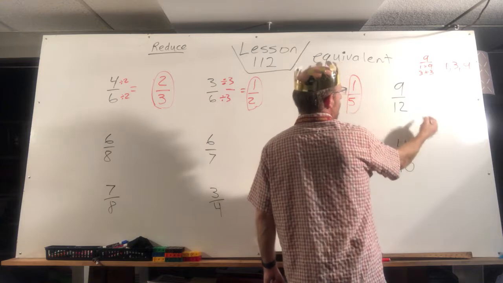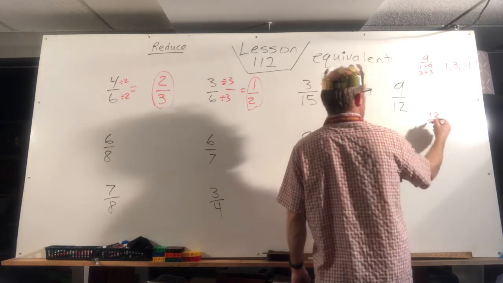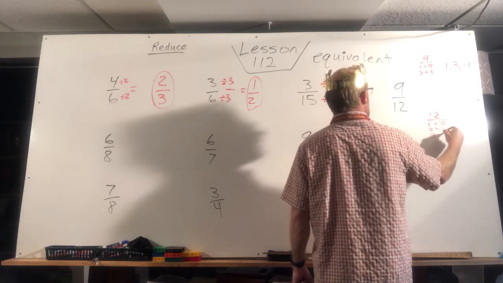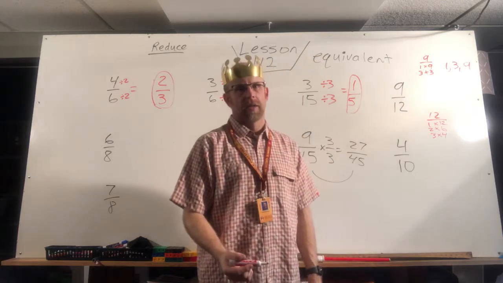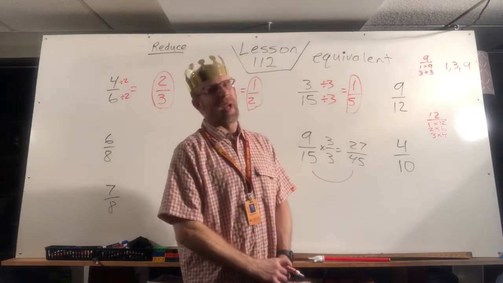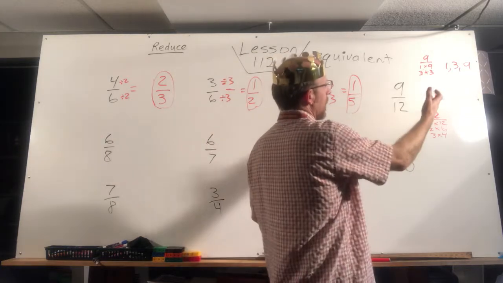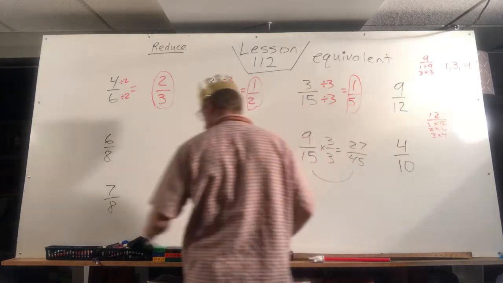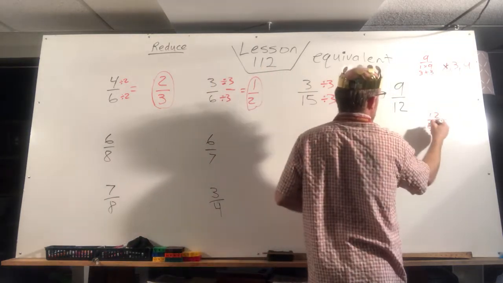The factors of 12 are 1 times 12, 2 times 6, and 3 times 4, okay? Now you have to have a common factor, and you want to have the greatest common factor, the biggest. So you can go through here and see, okay, 1, yeah, they both have a 1, but that wouldn't change anything, so get rid of the 1.